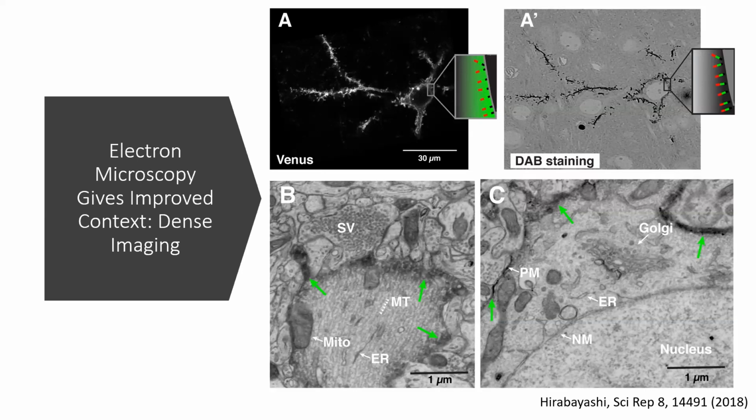And now you can see the context, now you can see everything around it, which is important because if this is the cell that has that DAB marker, we can see vesicles and synapses that form connections with that cell. So it's necessary to not just have high resolution of the one particular thing you want to see, but also to be able to visualize what's around it.